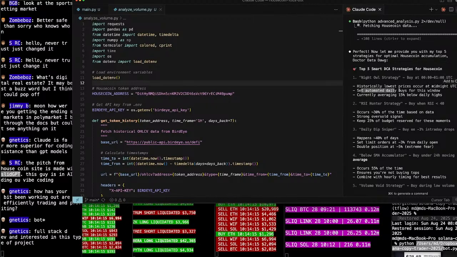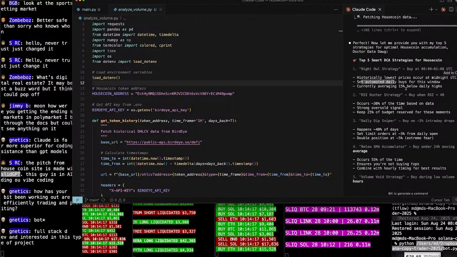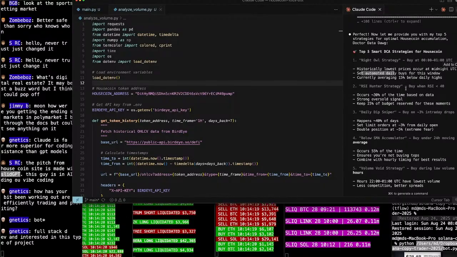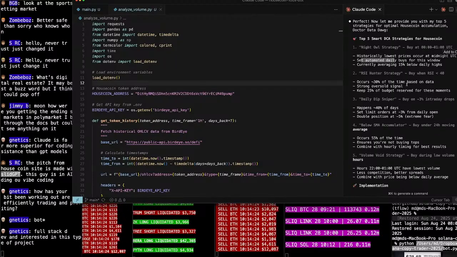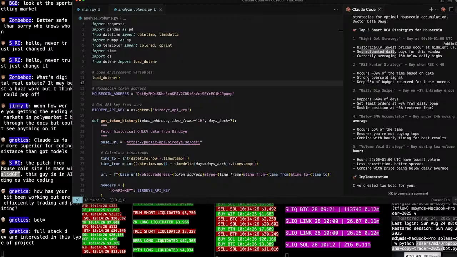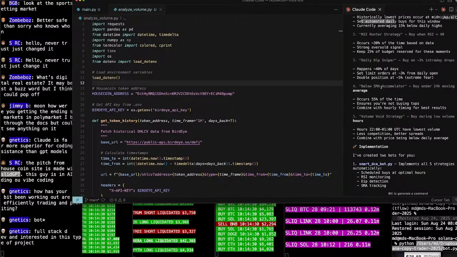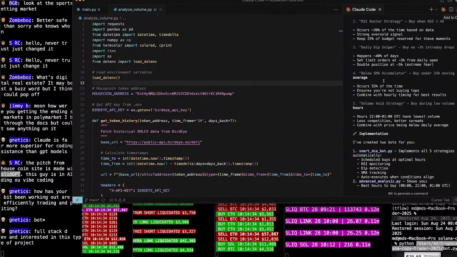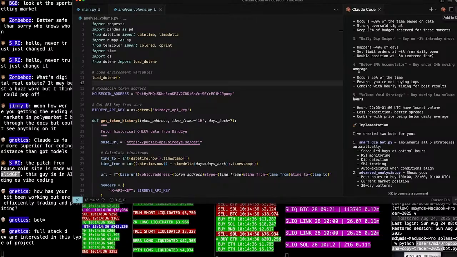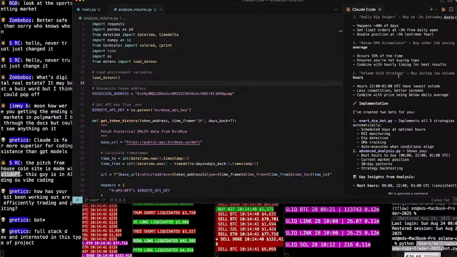Set automated daily buys for this window. Night owl strategy. Currently averaging 15% below daily highs. RSI hunter. Daily dip sniper. Happens 40% of the days. Set limit orders at -3% from daily open. Below SMA accumulator, buy under 24-hour moving average.